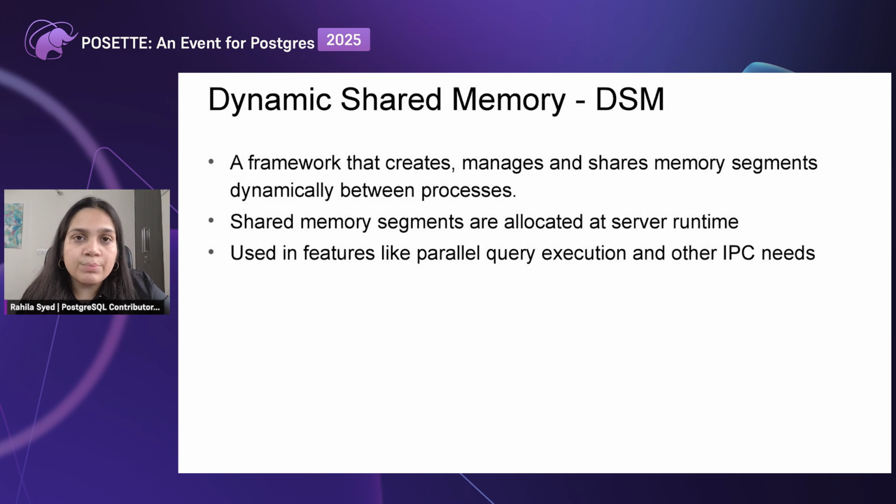The main shared memory in Postgres is a fixed size chunk which is created at the start of the server, and it can't be expanded. So we need something like dynamic shared memory, which is a framework that creates, manages, and shares memory segments between two processes. You can do that at runtime when a server has already started, and it is used in features like parallel query and for other IPC needs.